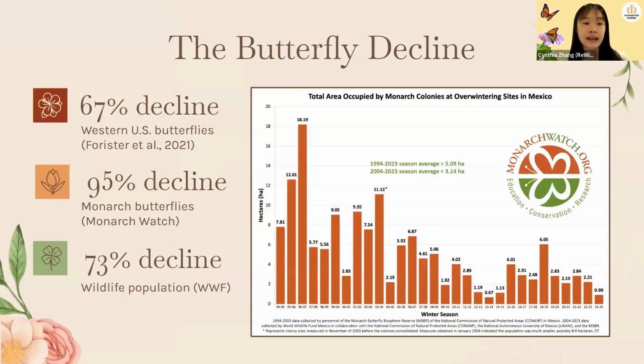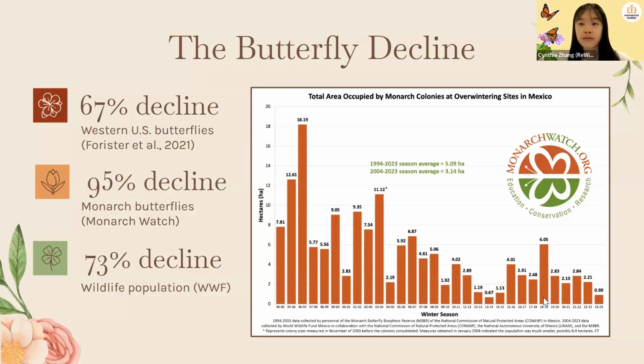So for the butterfly decline, in the Western US, butterflies have declined by 67% in the last few decades, which indicates how butterflies are also doing around the world and biodiversity loss in general. And specifically monarch butterflies, which is the butterfly species that I'm specifically going to discuss, has declined by 95% in just the last 30 years.